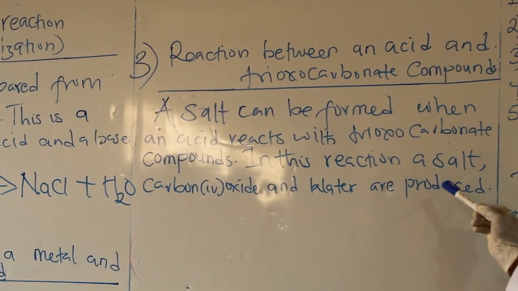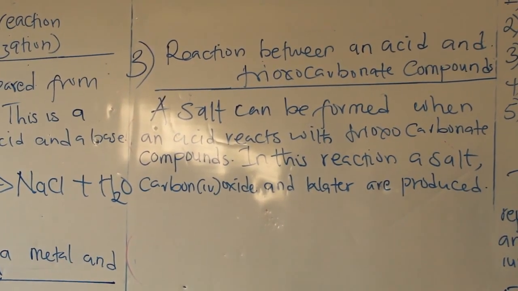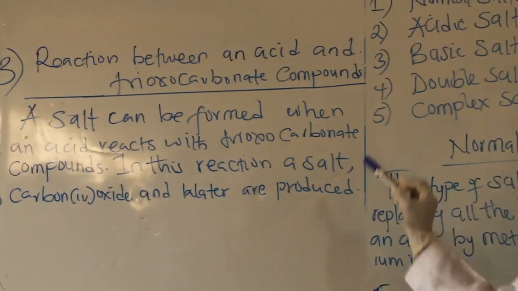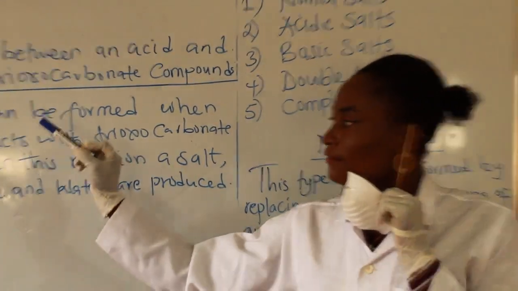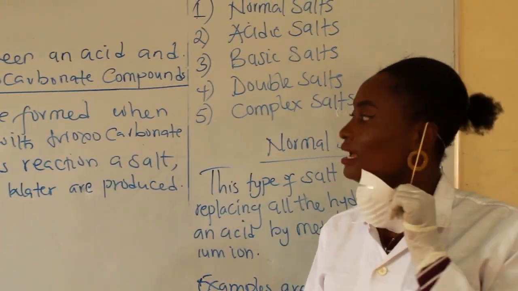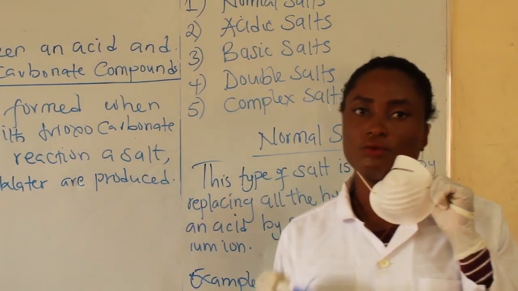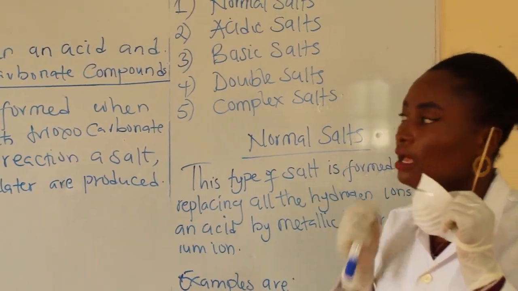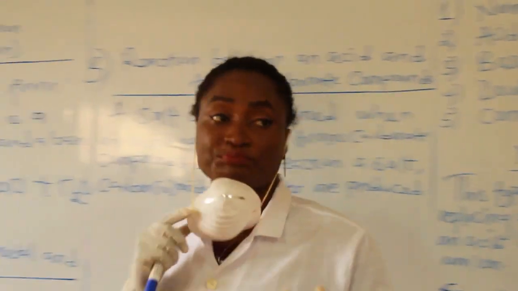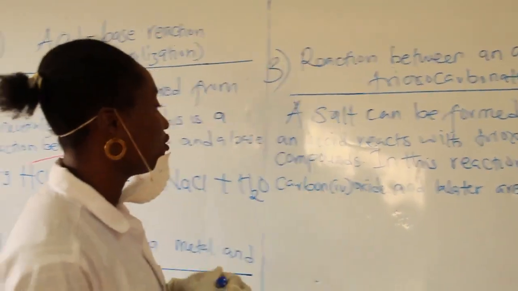In this reaction, take note, the products are a salt, then you have carbon 4 oxide and water. These 3 products will be formed. Now I'm going to give you an equation to show that.